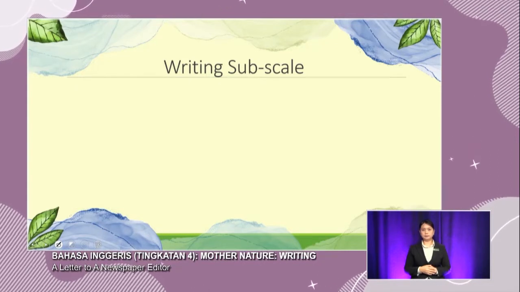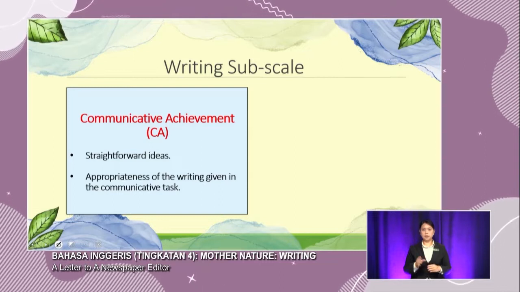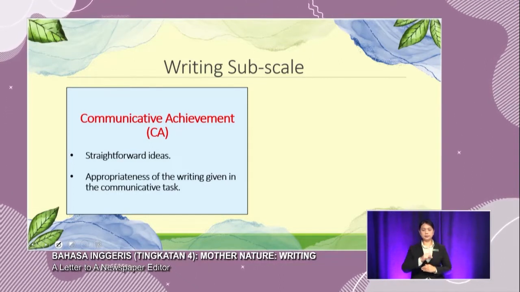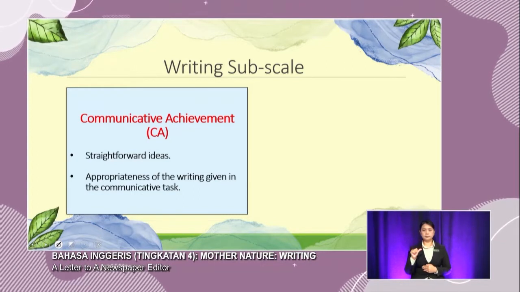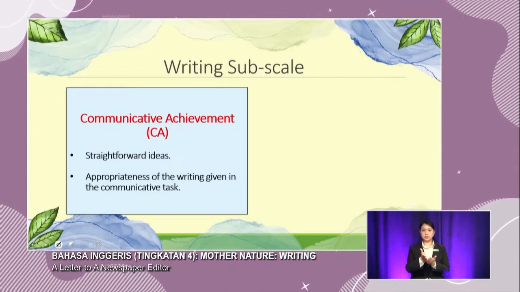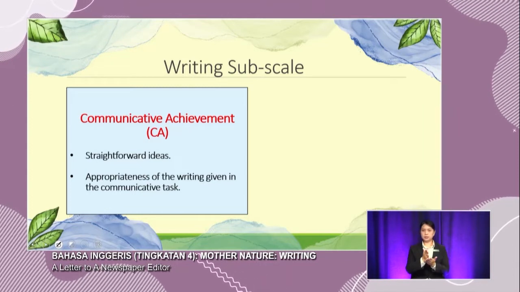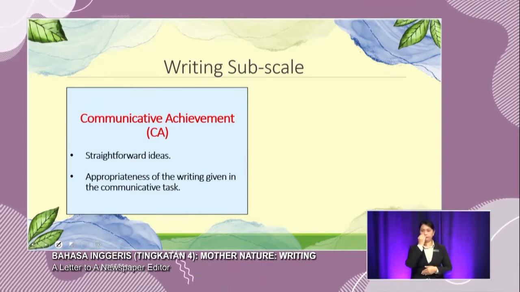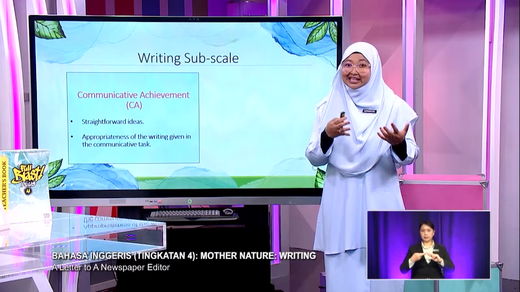Let's move on to our second one, which is communicative achievement, or CA. What it means here is straightforward ideas. When you write something, the idea should be straightforward. Don't write flowery words or anything improper to the letter or essay.